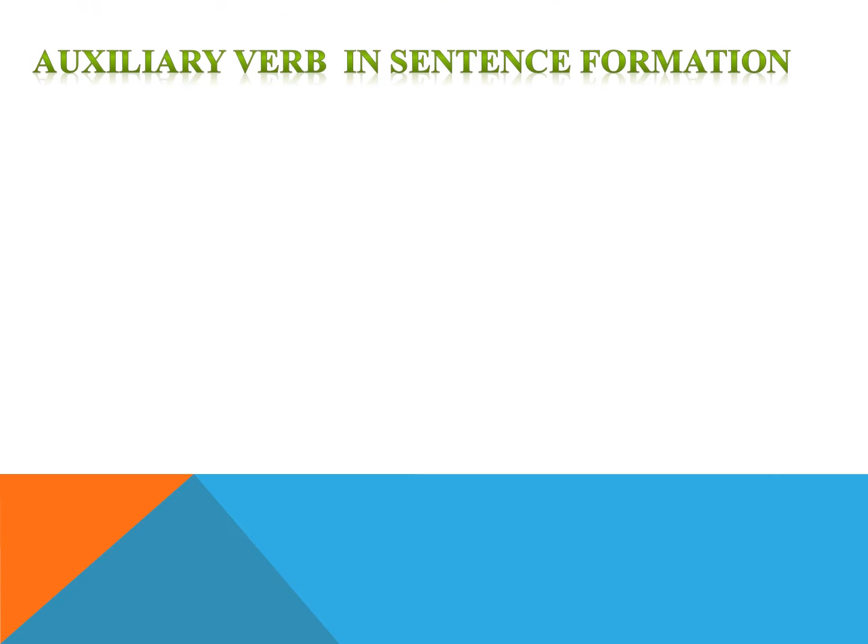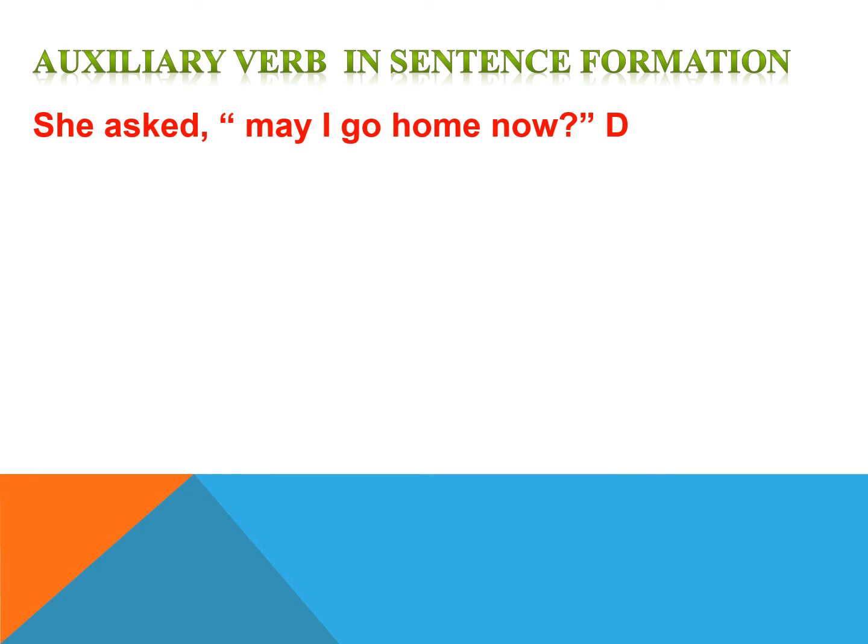Students, look here, an auxiliary verb in sentence formation. What do we do? This is a sentence of direct speech. This is the reporting speech, and then "They might go home now." This is the reported speech, which is enclosed within the double inverted commas.